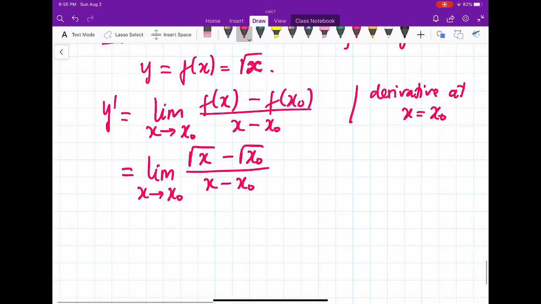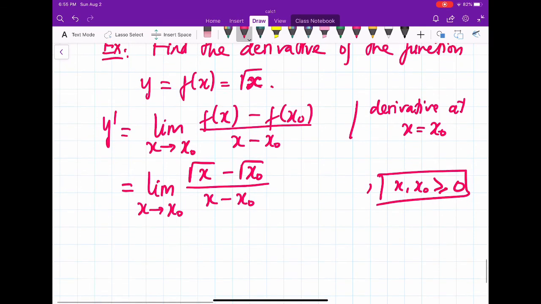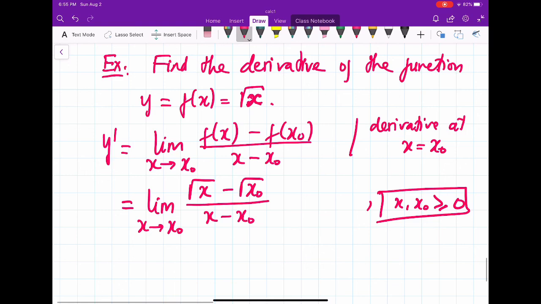We have different ways to solve this limit. Of course, x and x0 should be greater than or equal to 0. There is no doubt, because the square root of x is defined only at non-negative numbers.